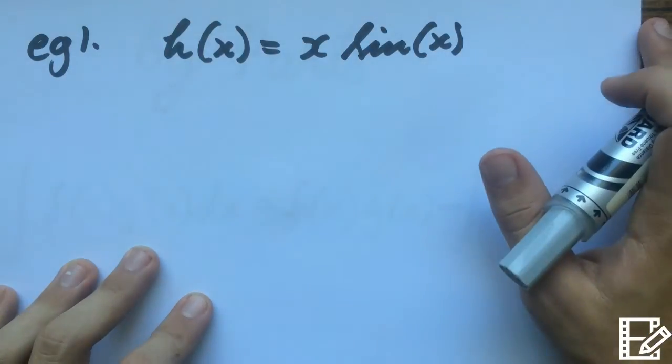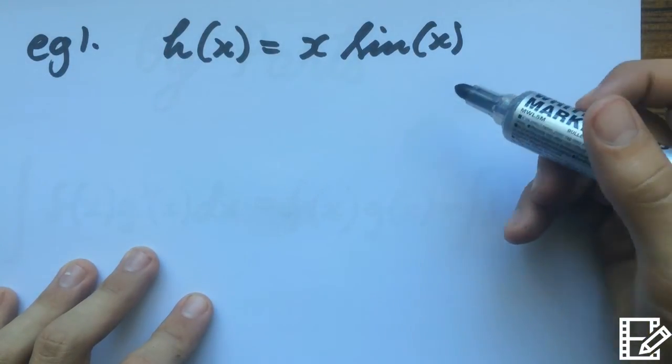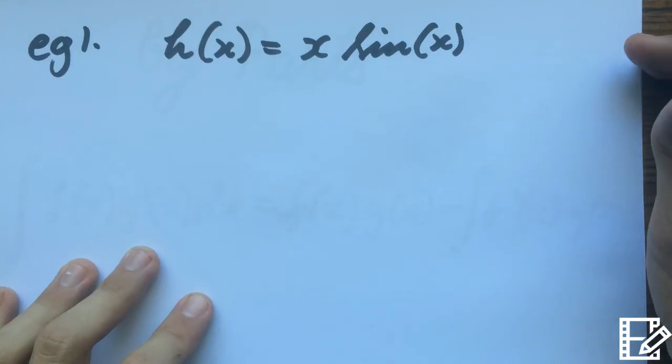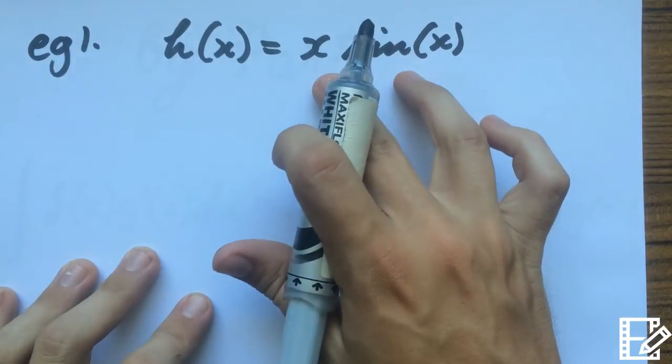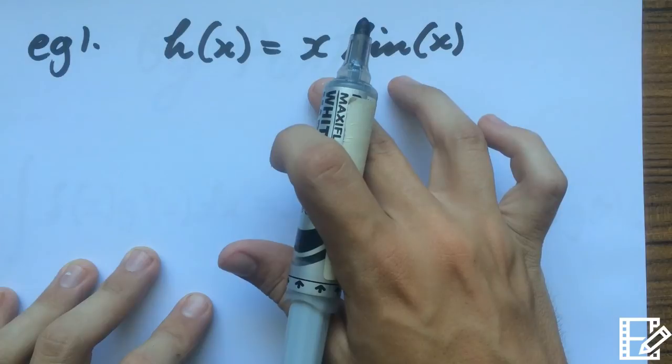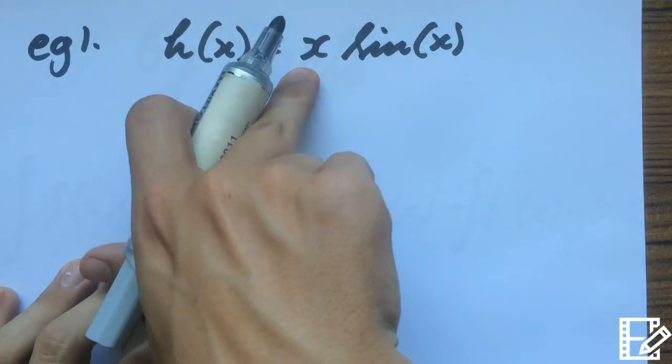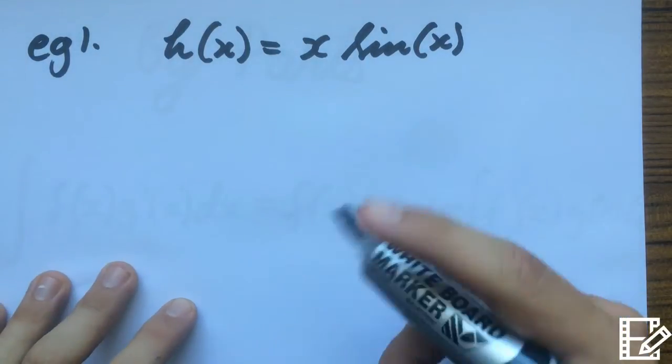So substitution's out. Another way, which is sort of optional, is that when you derive one of these functions, it will tend to 0, and that'll be x. I'll show you in a minute.